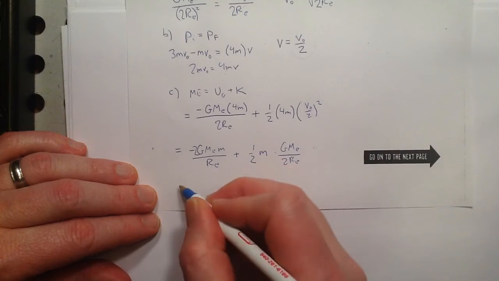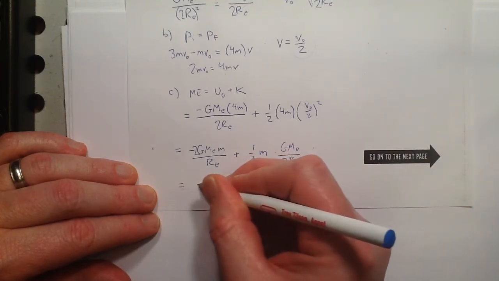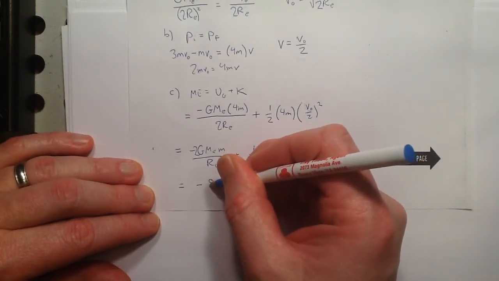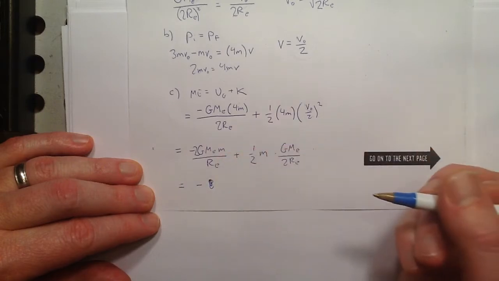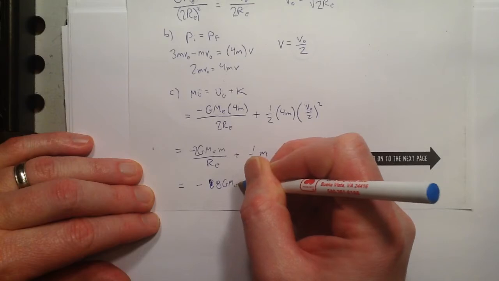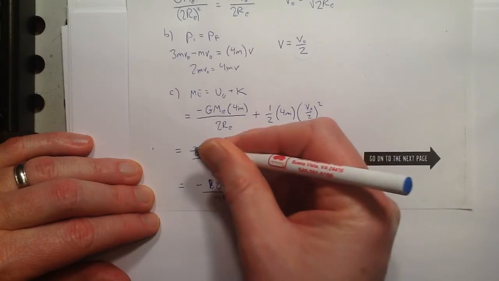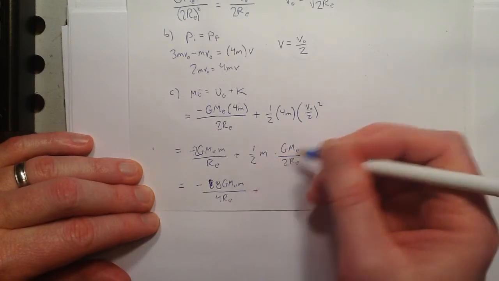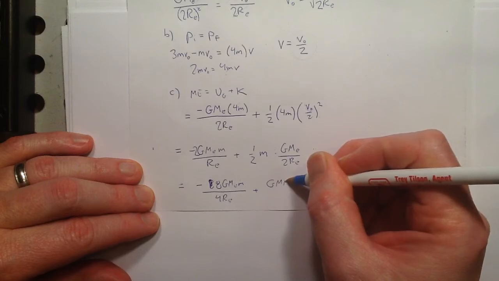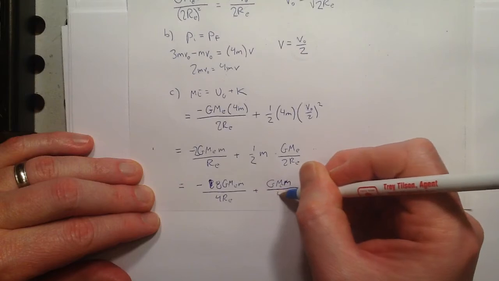Let's see. Getting a common denominator, we need a 4 on the bottom, so that's minus 8 G M_E m over 4R_E. 8 over 4 is the same as that 2 there, plus here I have G M_E m over 4R_E.